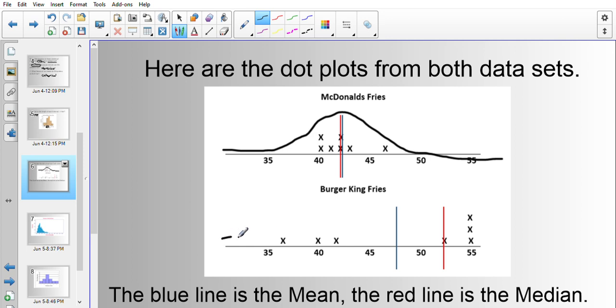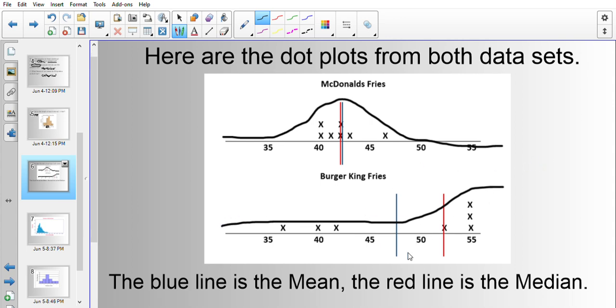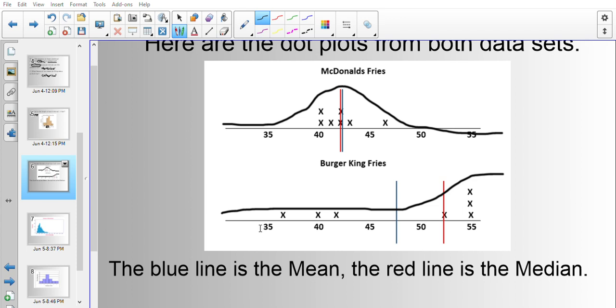But if our data is skewed at all, like in this dot plot, which is skewed left, our mean and our median are going to be farther apart. So again, when the data is symmetrical, the mean and the median are close together, and when the data is skewed to one side, the mean and the median are farther apart.